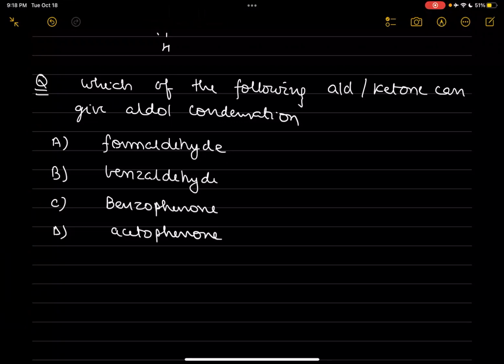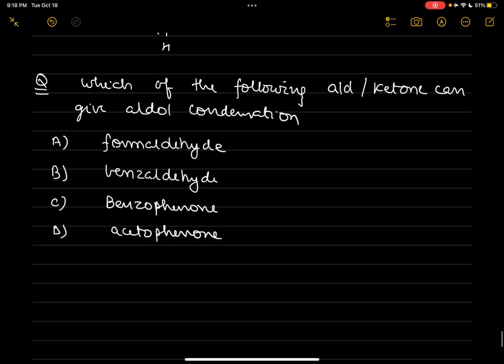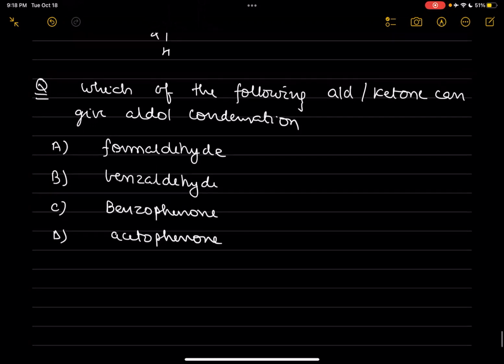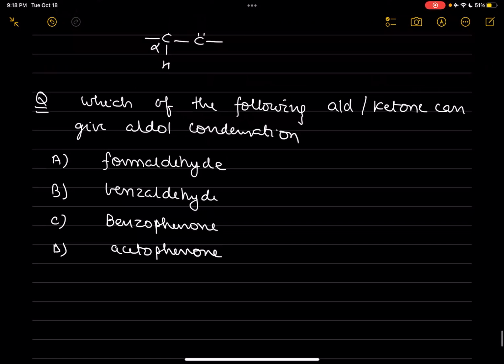So formaldehyde, benzaldehyde, benzophenone, and acetophenone. So acetophenone will be like this.